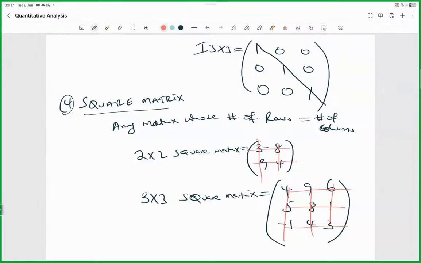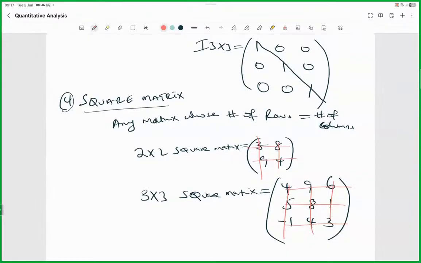Then from there we have a scalar matrix.